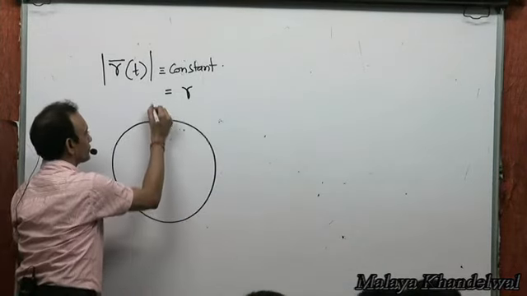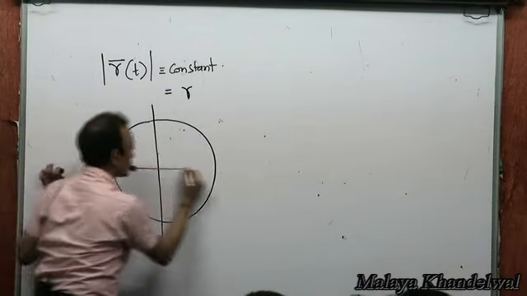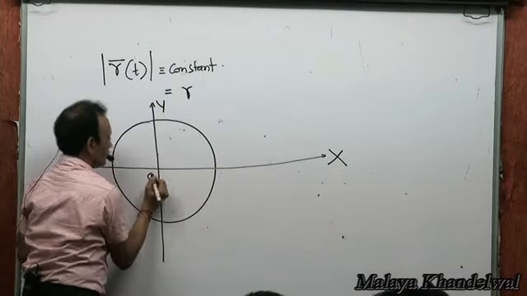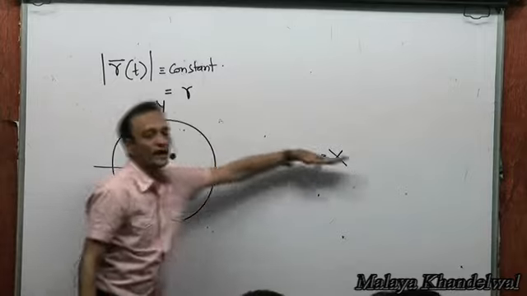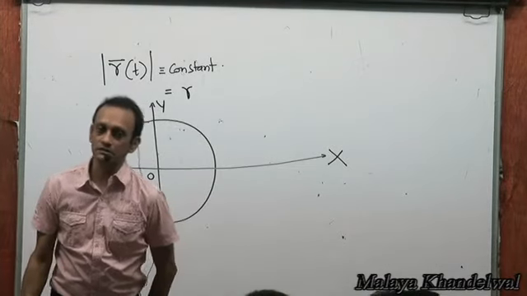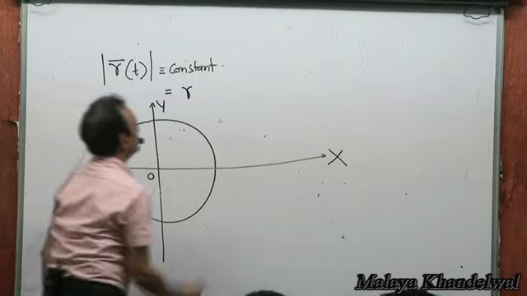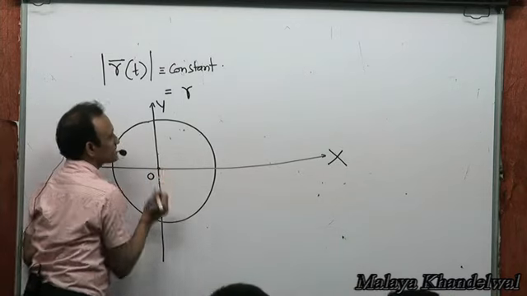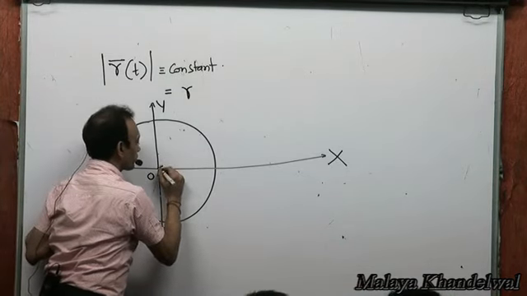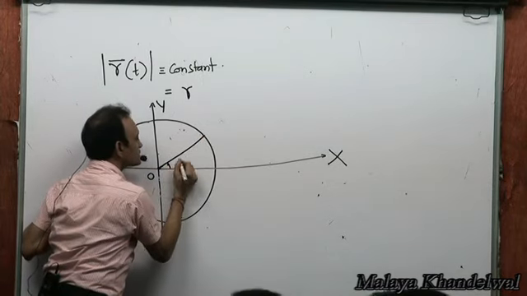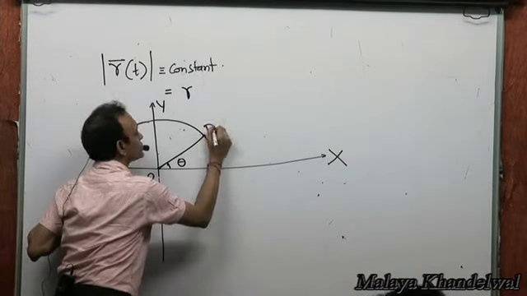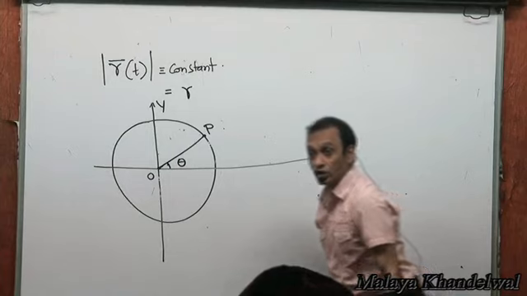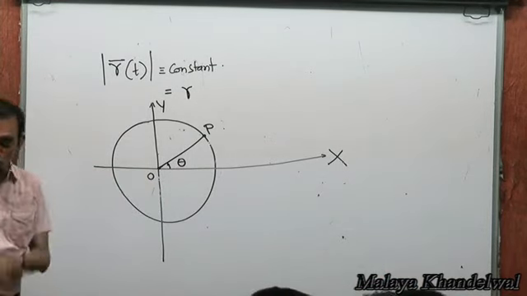This is the trajectory, say, centered at the origin. We will measure all our angles from the positive direction of the x-axis. O is a fixed point. This is theta, which measures the angular location of the moving point P executing the circular trajectory.